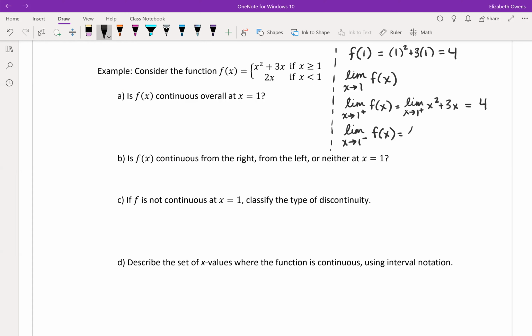The limit as x approaches 1 from the left, and now we just get to use the piece 2x. You can direct substitute into that and just get 2, because 2 times 1. Okay, so after seeing those one-sided limits, what can we conclude about the overall limit right here?